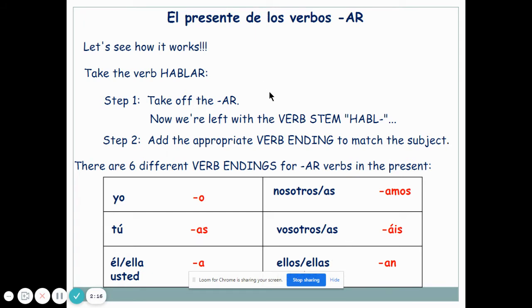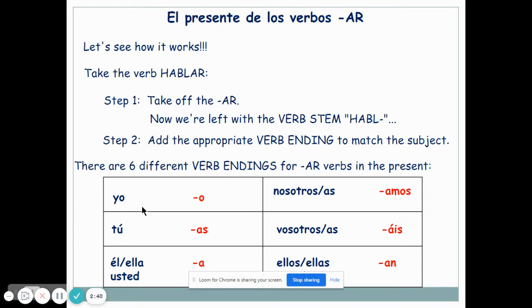So if you take the verb hablar, the verb hablar ends in ar. To conjugate and tell others who is performing the action, you have to drop the ar from hablar, and then you're left with habl. And then you're going to be adding these endings depending on who is doing the action.